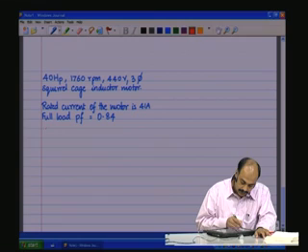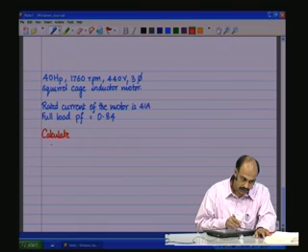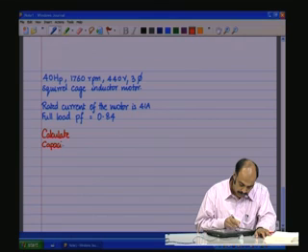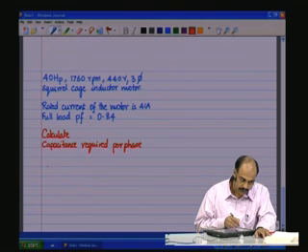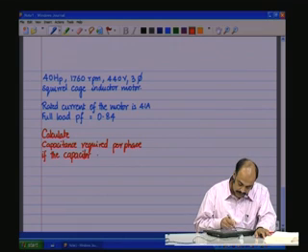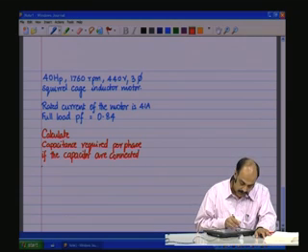So now let us calculate the capacitance required per phase if the capacitors are connected in delta configuration.